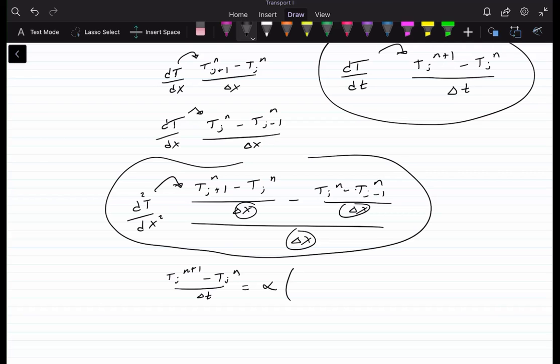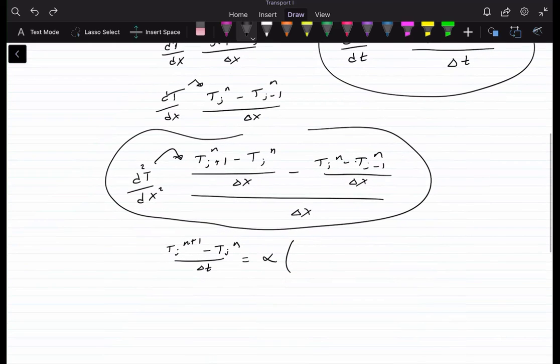These are all in the denominator. So it's going to be Tj plus 1 n minus Tjn, and this negative sign is going to get distributed.